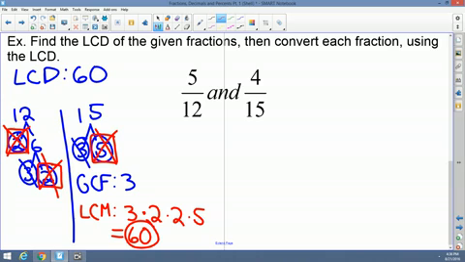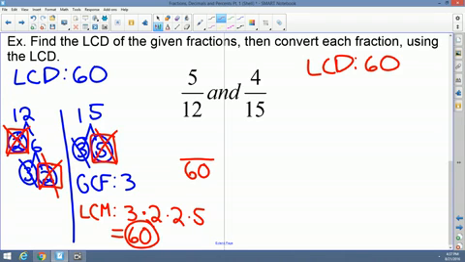So this prime factorization, I know it's a little tedious, but it's very powerful. So I know now that my LCD, this is my first step, find it, is 60. Now I have to convert each fraction to have the denominator that is equal to the LCD of 60. So I've got 5/12. Well, I've got to convert 12 into 60. How do I do that?